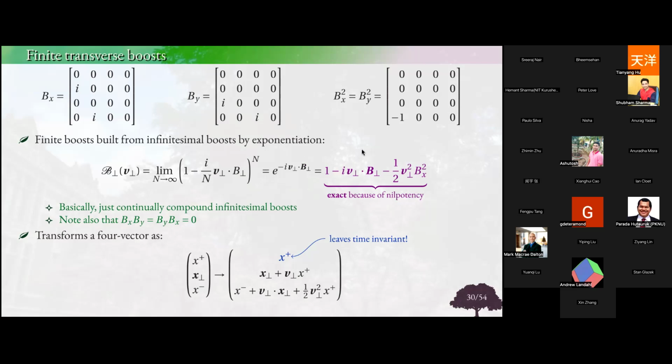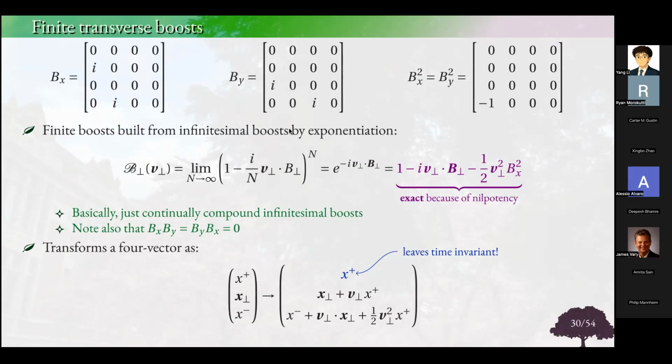It makes a lot of algebraic calculations in terms of these light front boosts really simple. Another really neat thing that you can check by just multiplying these bx and by matrices is that they multiply to zero. So not only do they commute, bx times by is also zero, which makes the algebra really simple when you want to perform both x direction and y direction light front boosts.